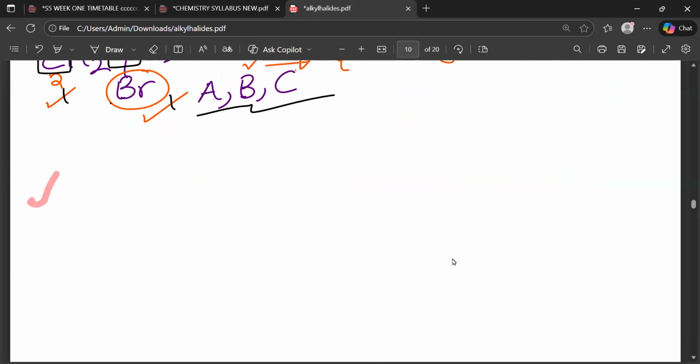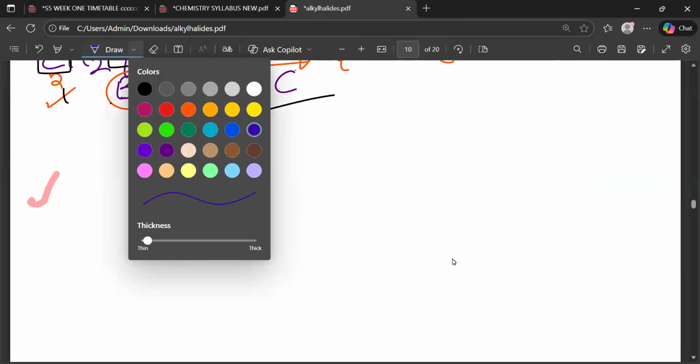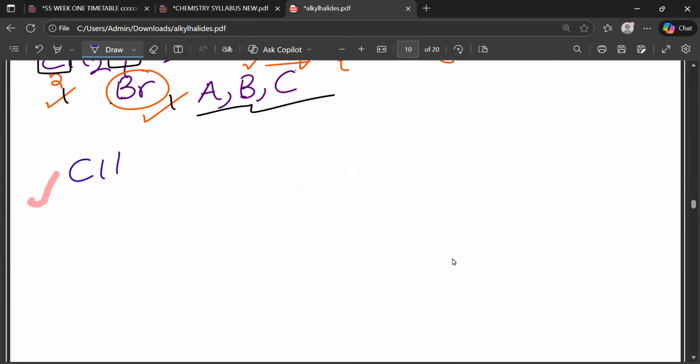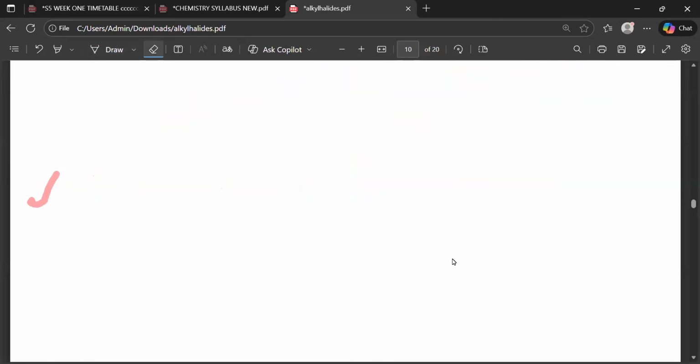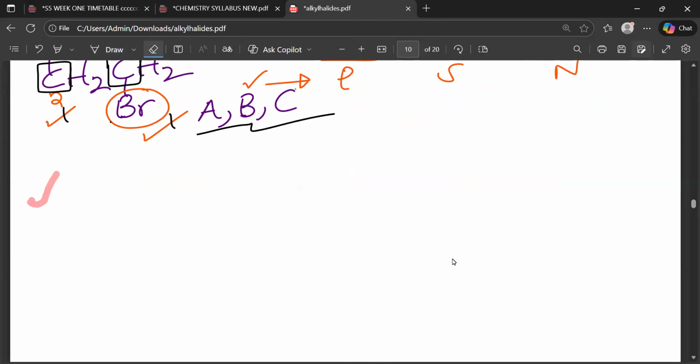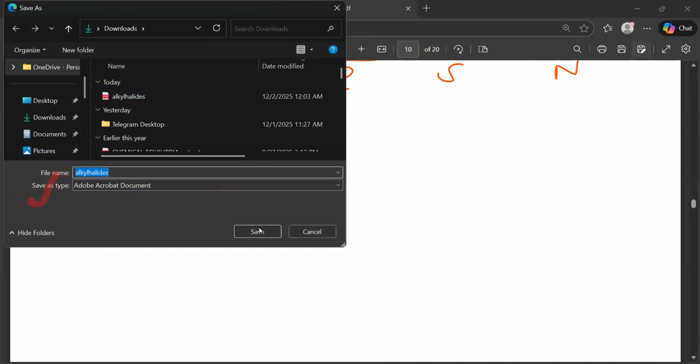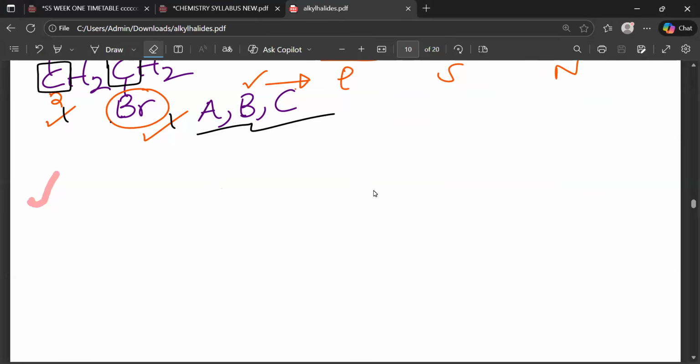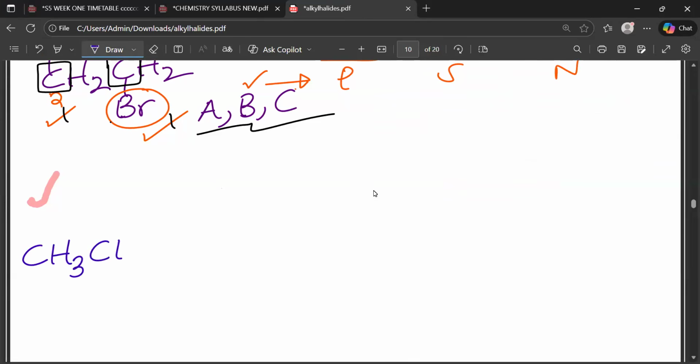Now, I want someone who is going to name for us these ones, when there are 3. So you all know this compound. So I'll be ending with this.